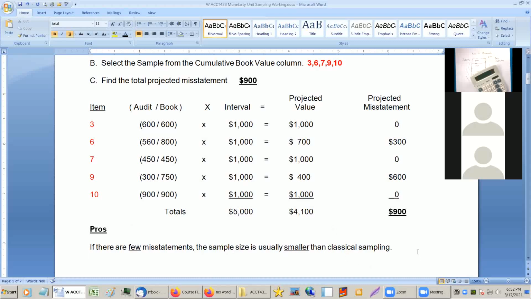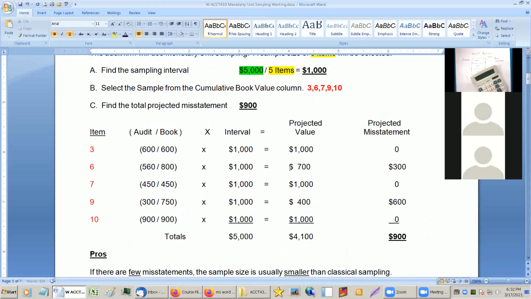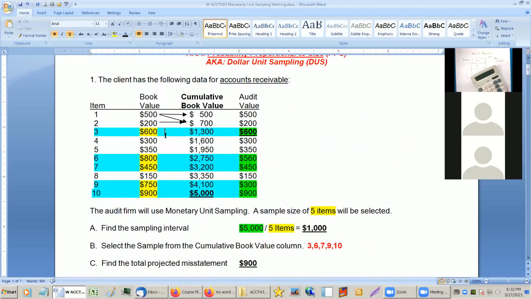Another thing you'll notice about this is, if we go up here, here's the book values. A lot of times the ones that cross whatever the interval is, are more likely to be the larger ones, right?